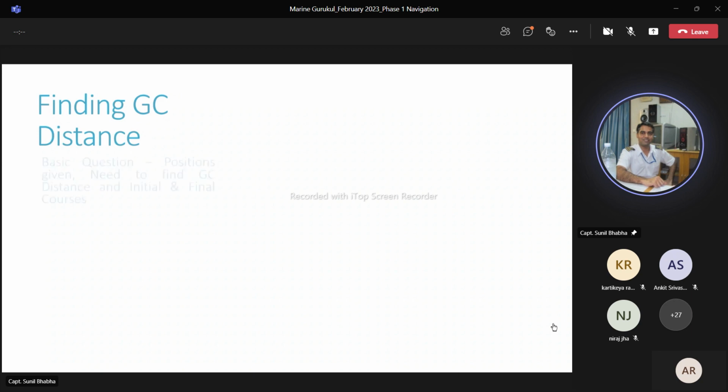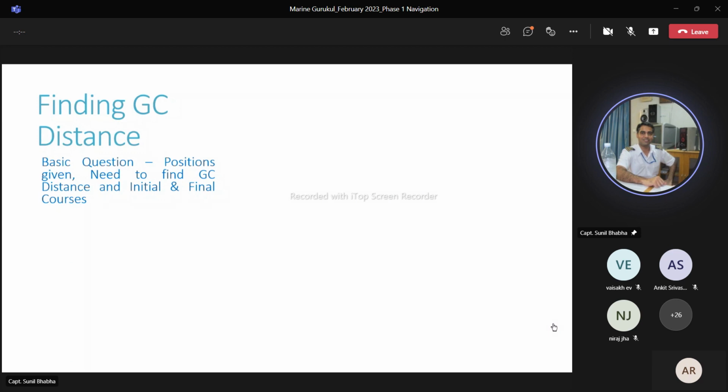A basic, very simple great circle sailing question involves two different positions on the surface of Earth being given to us, as latitudes and longitudes. The coordinates are given, and we need to find out the great circle distance between those two positions.